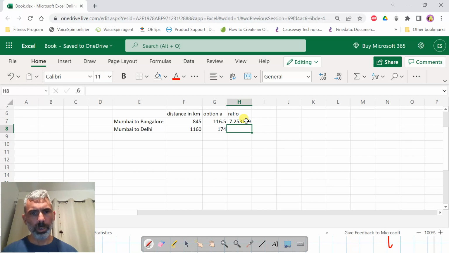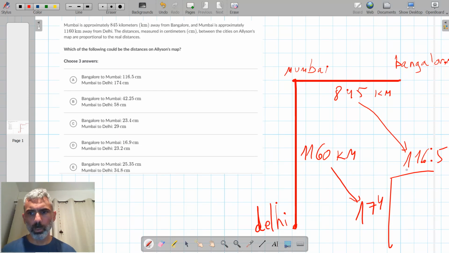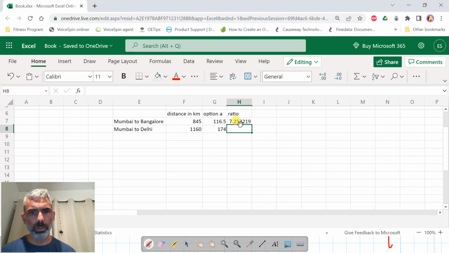Every 1 centimeter represents 7.25 something kilometers on the map. And here, when I divide the number of kilometers by the number of centimeters, every 1 centimeter represents 6.6 kilometers. So it's not proportional. So option A is not good.